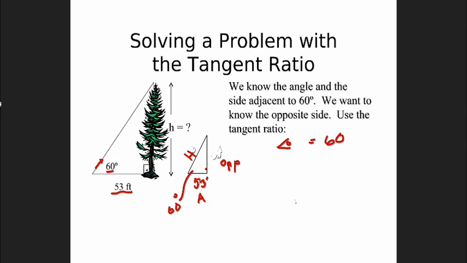We know that our adjacent is 53 feet. Understood to be 53 feet. I'm not going to busy this thing up by putting the feet in. And we're looking for our opposite. We want to know how high that tree is. Opposite, OPP.